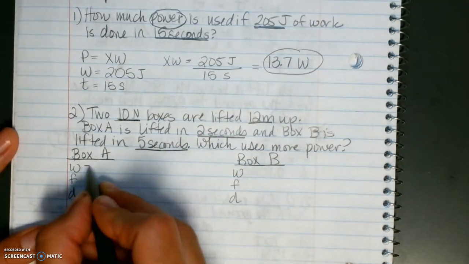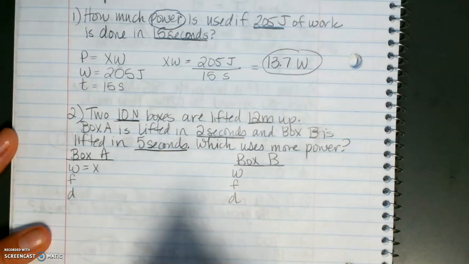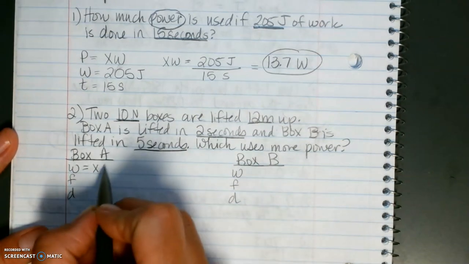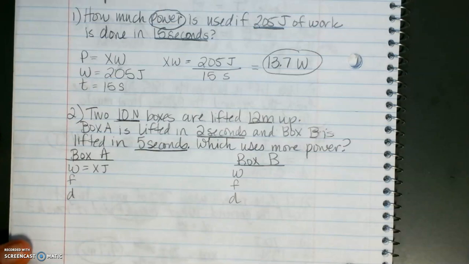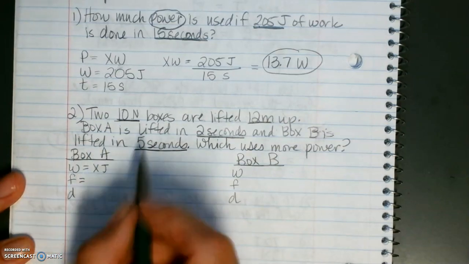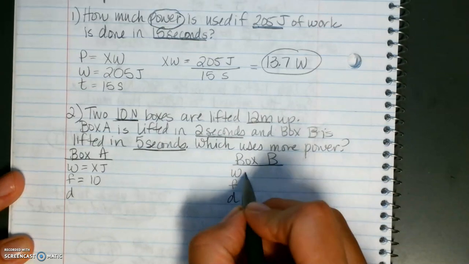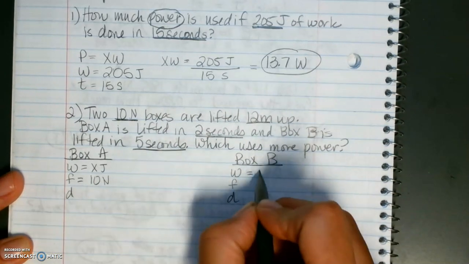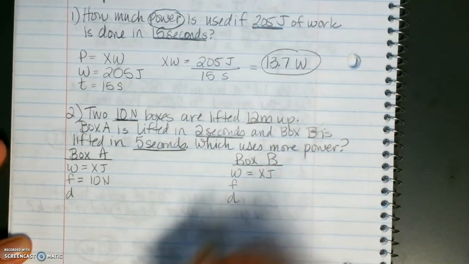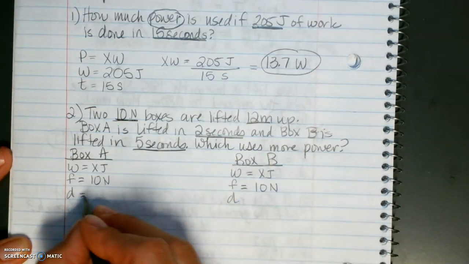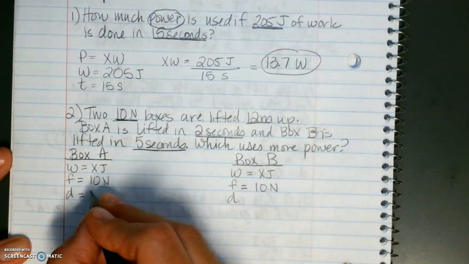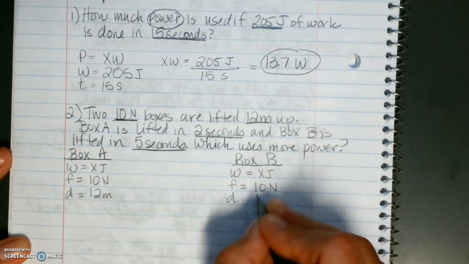I'm solving for work, so that's going to be X joules, because remember, work is in joules. I'm given a force of 10 newtons for both boxes, and a distance of 12 meters for both.